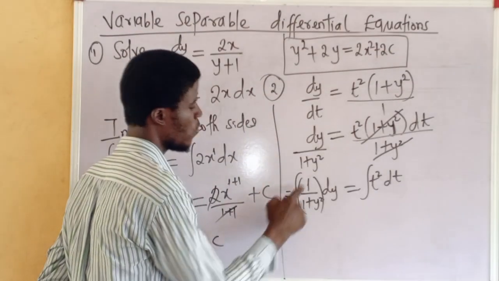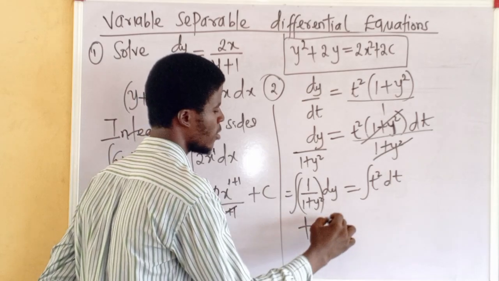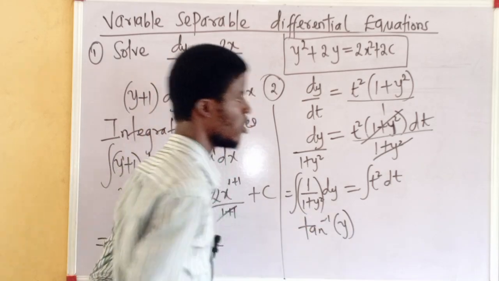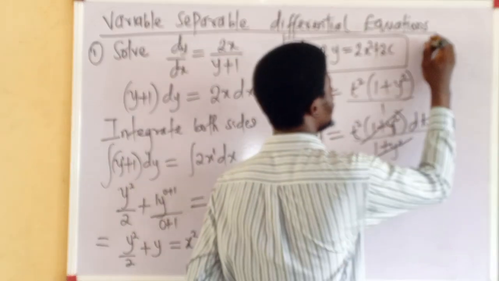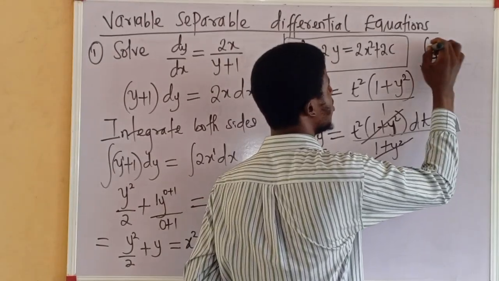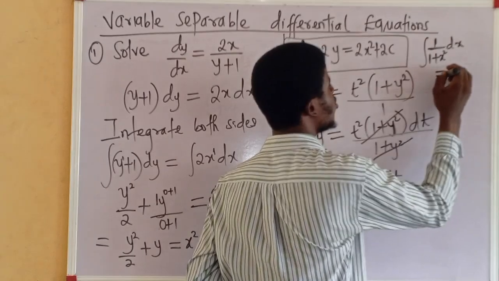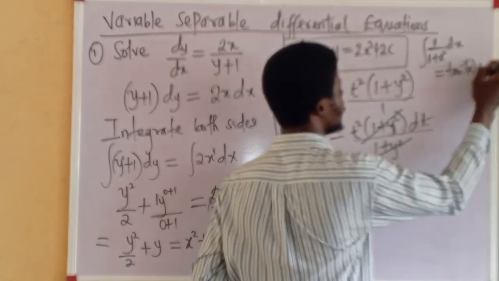The integral of 1 over (1 plus y squared) dy is actually the tan inverse of y. There is a standard integral that says the integral of 1 over (1 plus x squared) dx is equal to tan inverse of x plus c.